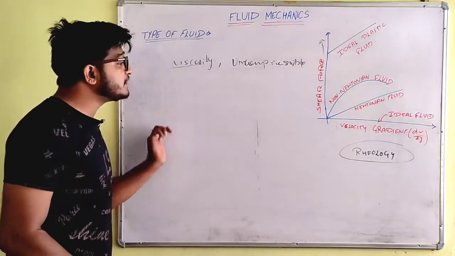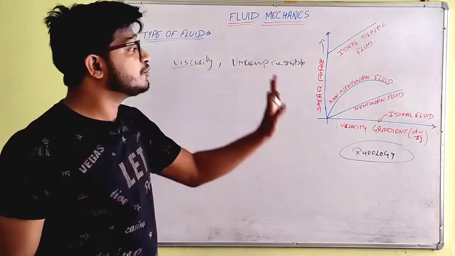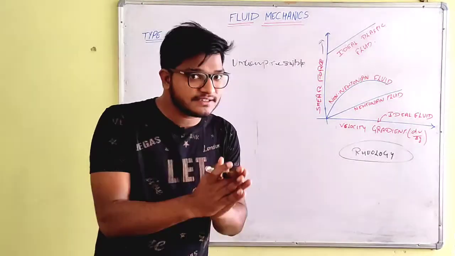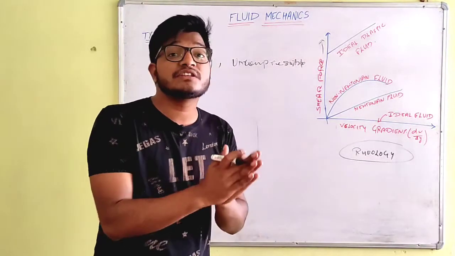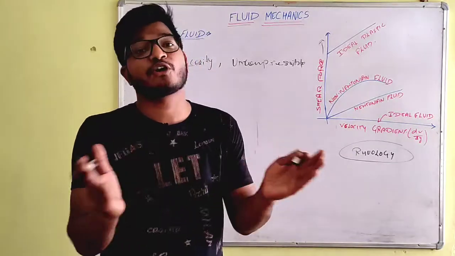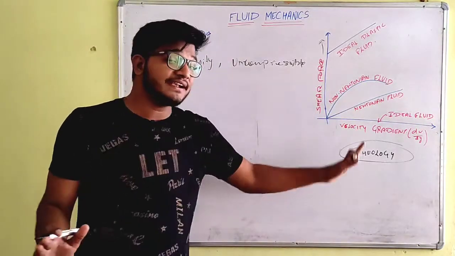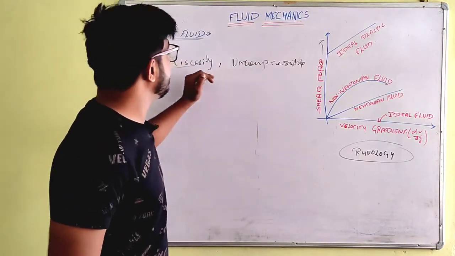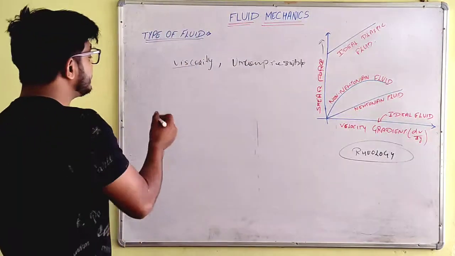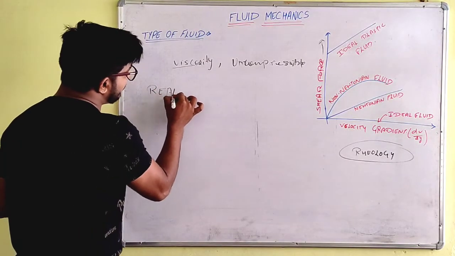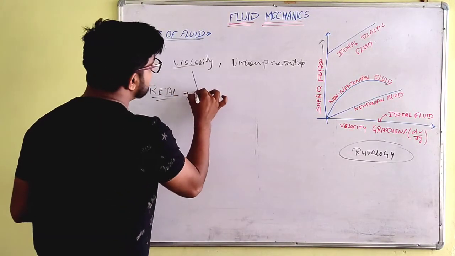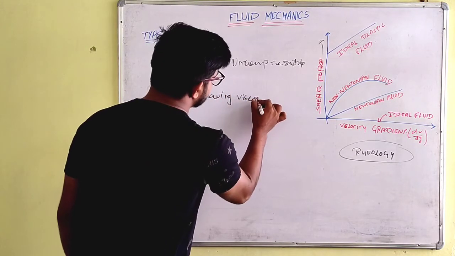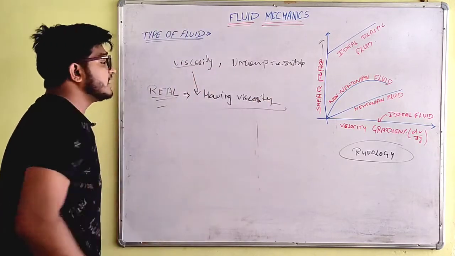There is no such ideal fluid in reality. A real fluid will have viscosity and can be compressible or incompressible, but it will definitely have viscosity. So the real fluid is the fluid which has viscosity.